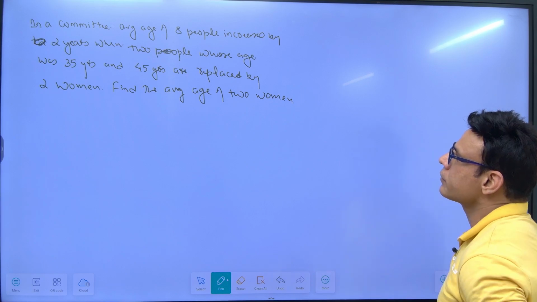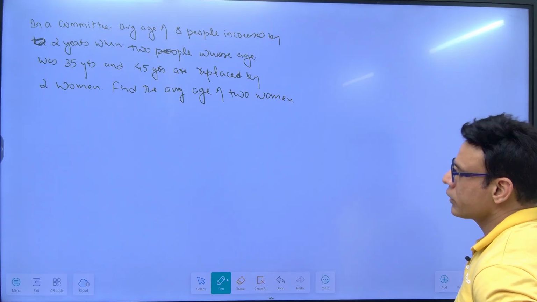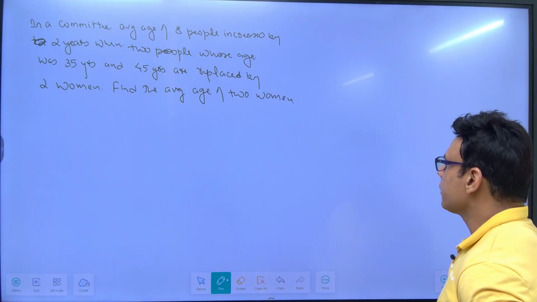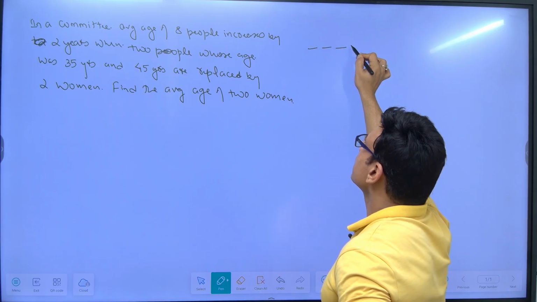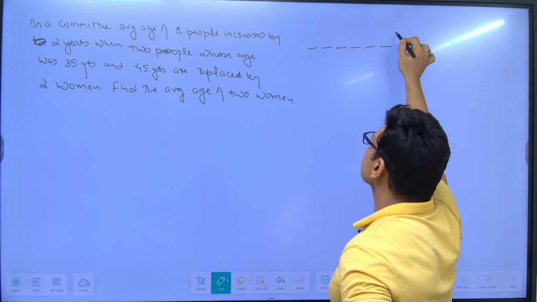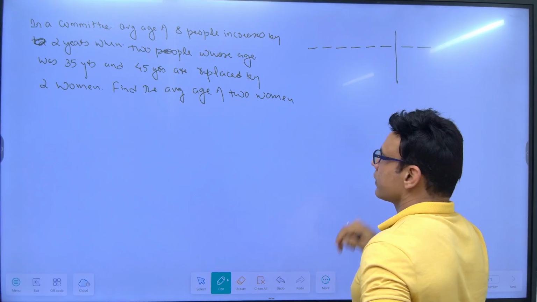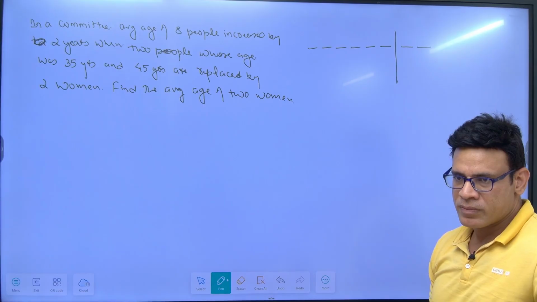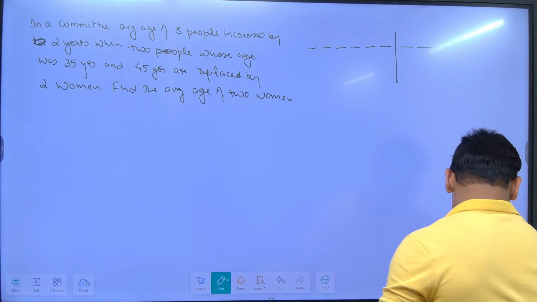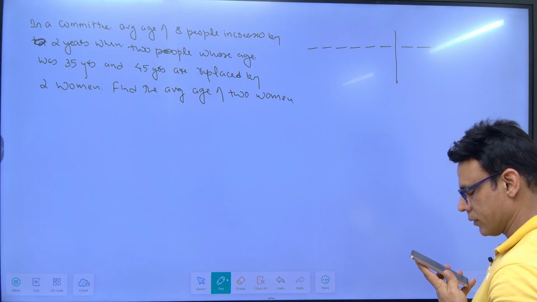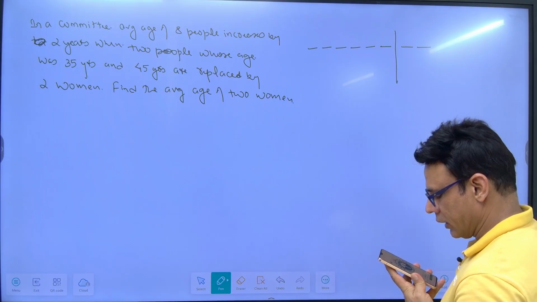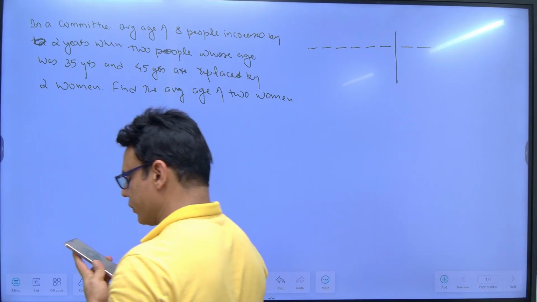Now see this question. There are how many people? 8, right? 1, 2, 3, 4, 5, 6, 7, 8. Options are 48, 45, 44, 43.